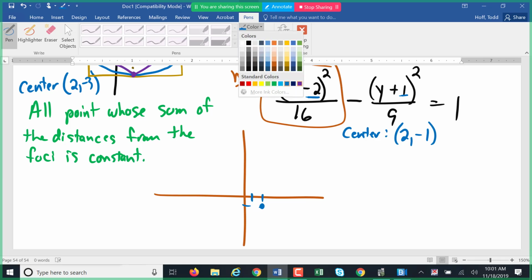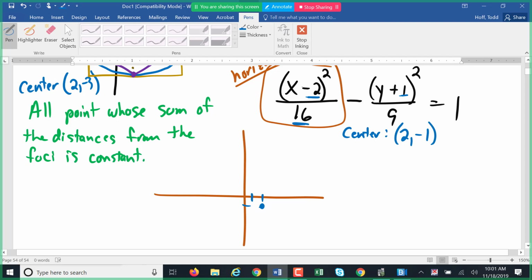In the horizontal direction, the 16 is under the x squared term. The square root of 16, of course, is 4. So in the horizontal direction, we go 4 units to either side of that center.